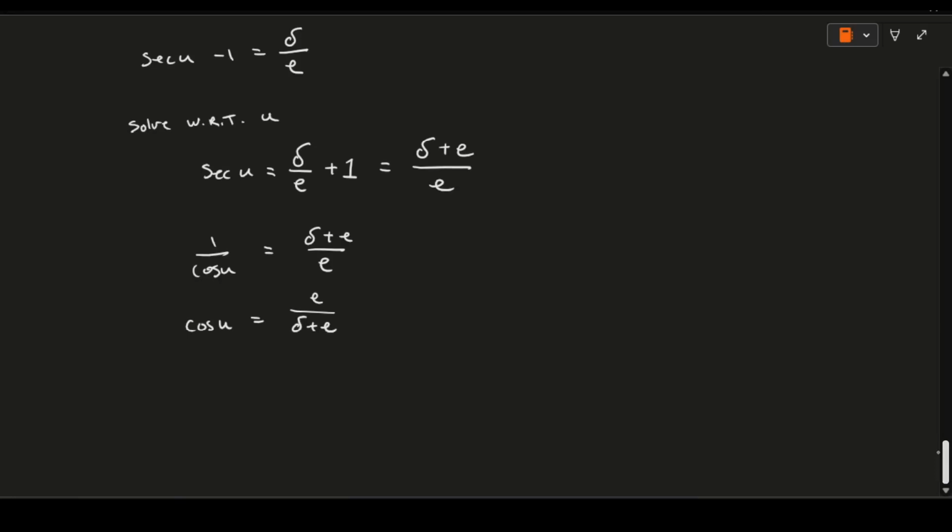We can take the arc cosine on both sides, and we get u is equal to arc cosine of e over delta plus e. Or if you want to use the other notation, the cosine inverse of e over delta plus e.